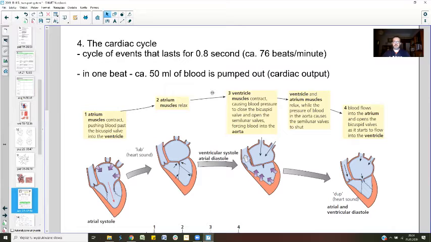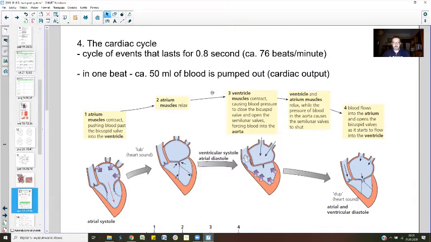However, if the heart was detached from all the nerves and hormone supply, it would beat on its own at a rate of approximately 50 beats per minute. The heart muscle can originate the electrical impulse.